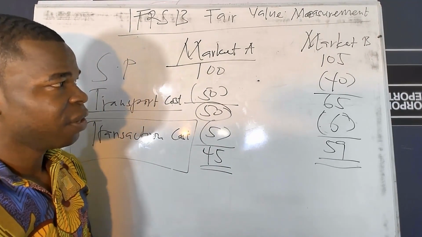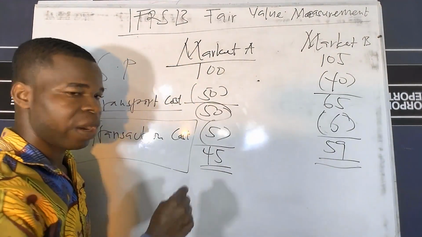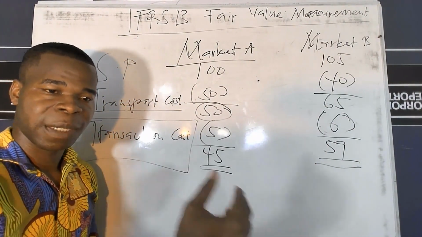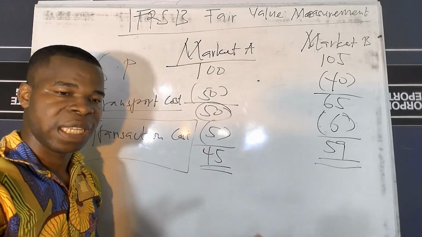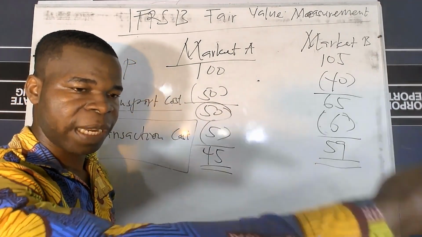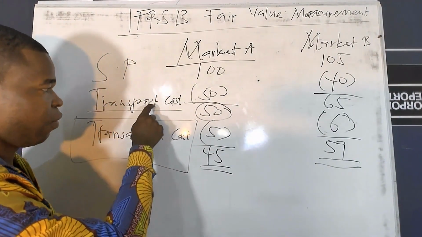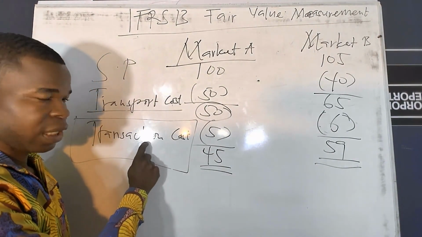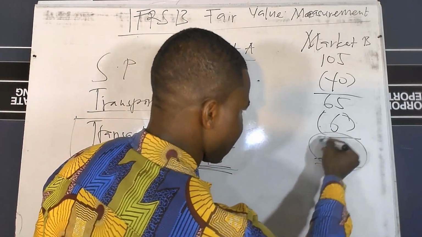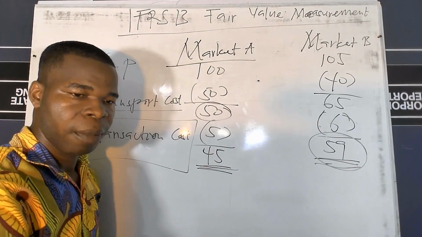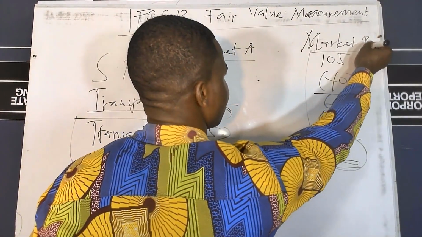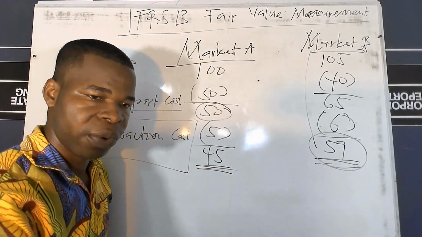We look at these two markets and see which one is the most advantageous: the one that will maximize the amount to be received to sell an asset, or minimize the amount that will be paid to transfer a liability after considering transport cost and then transaction cost. If you look at the final figures here, 59 is the highest price. So in this case, market B is going to be the most advantageous market.